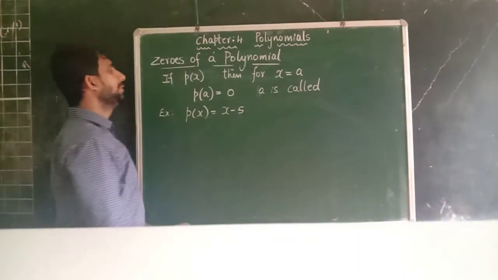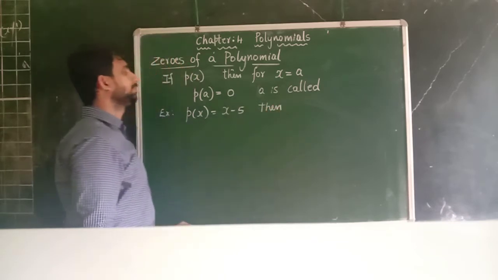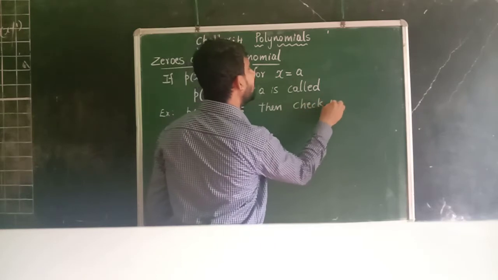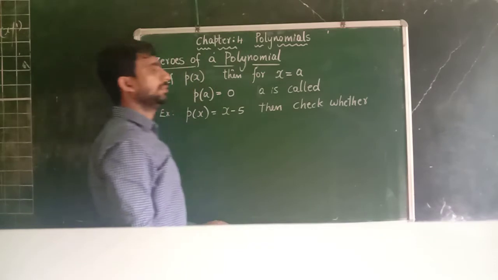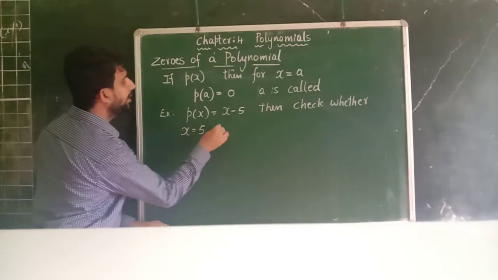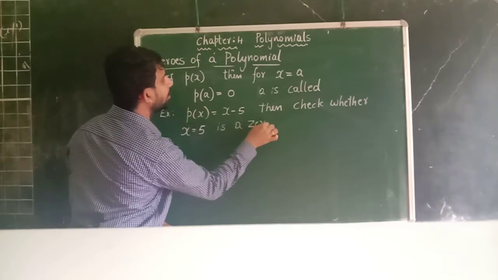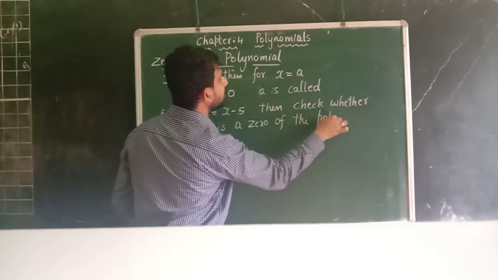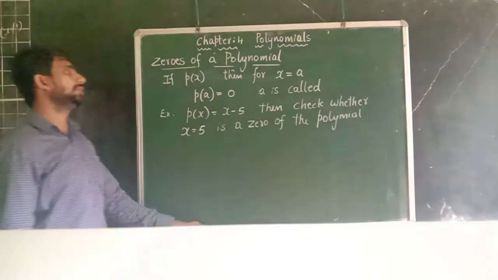If p of x is equal to x minus 5, check whether x equal to 5 is a zero of the polynomial.